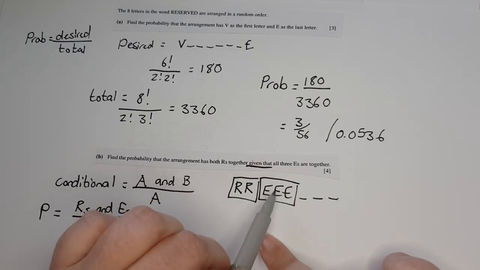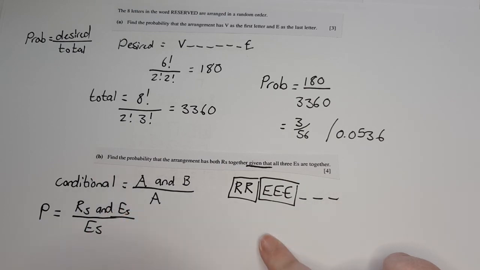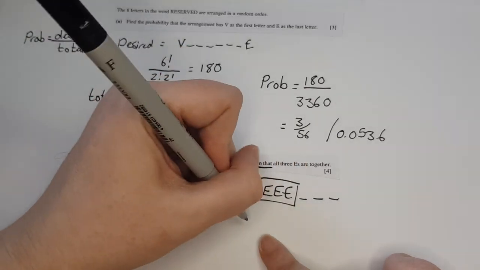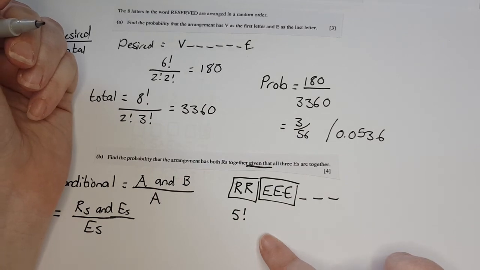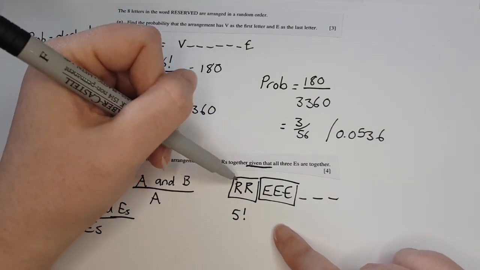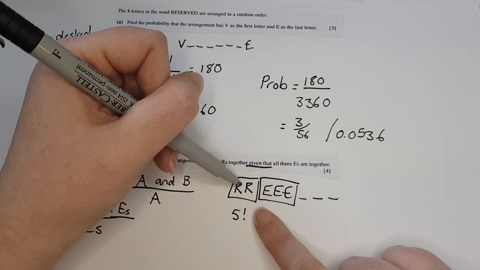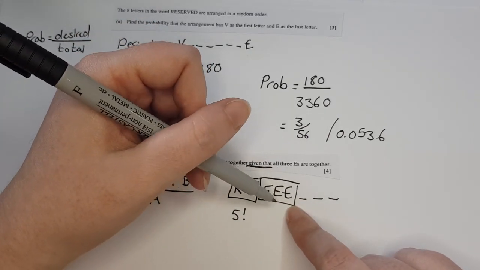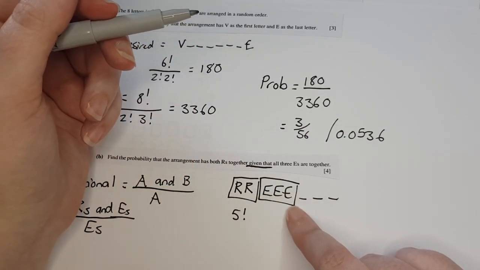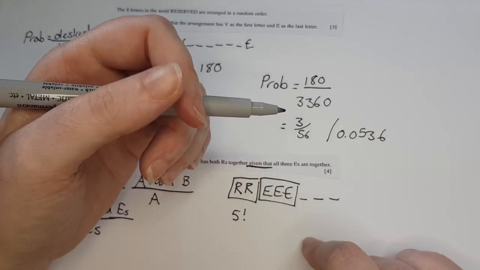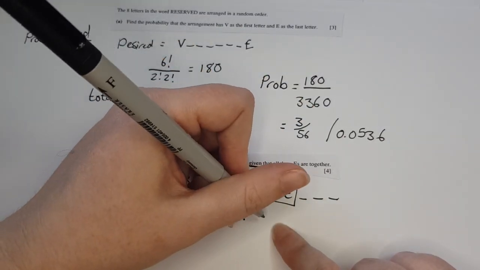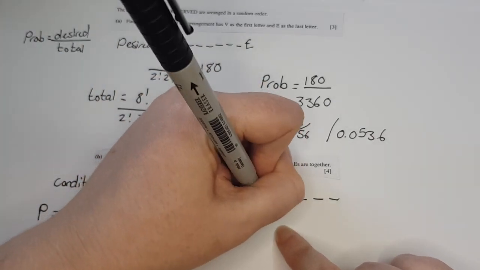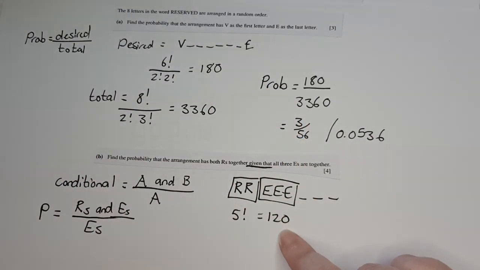The E's count as another thing. So there's 1, 2, 3, 4, 5 things in total to be arranged. So we say 5 factorial. And then the R's are already together as one thing, and the E's are together as one thing, so we don't need to worry about the repeats because they've already been removed as separate things. So we just simply have 5 factorial, which is 120.